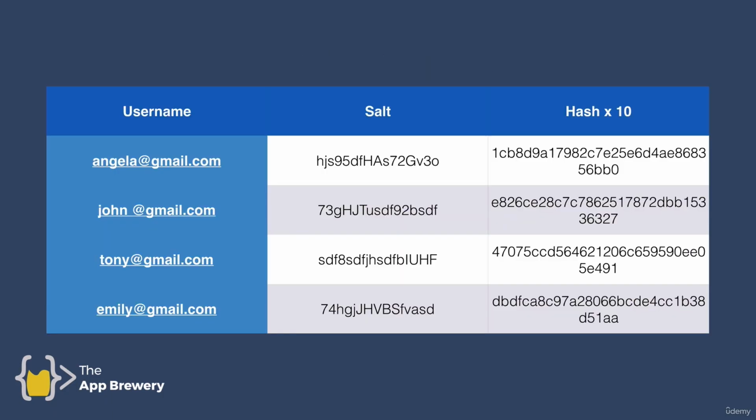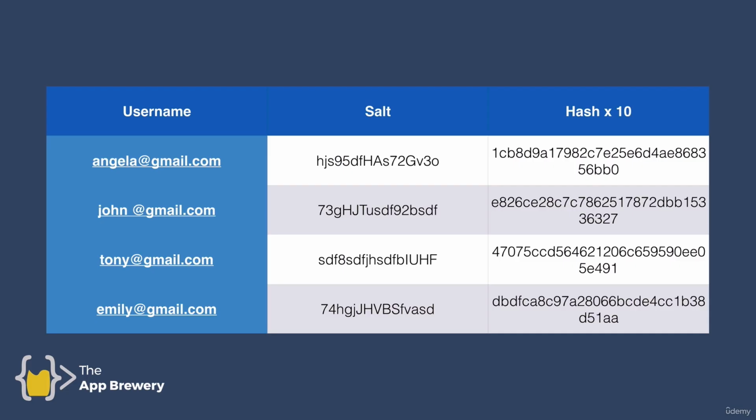So just to review, coming back to that user database, we'll have each user's username stored, we'll have their randomly generated salt stored, and then we'll store their hash after a set number of salting rounds.